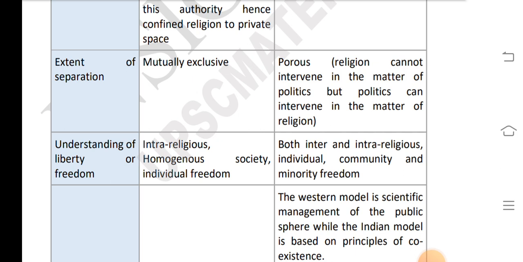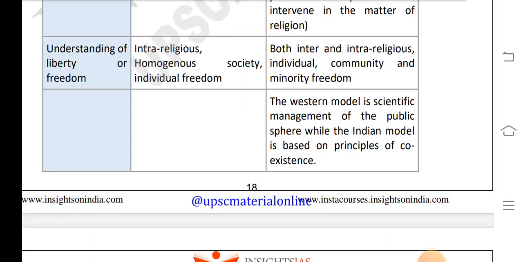In India, there is accommodation of religious diversity and equal distance from all religions. The extent of separation is not mutually exclusive but porous: religion cannot intervene in the matters of politics, but politics can intervene in the matters of religion.